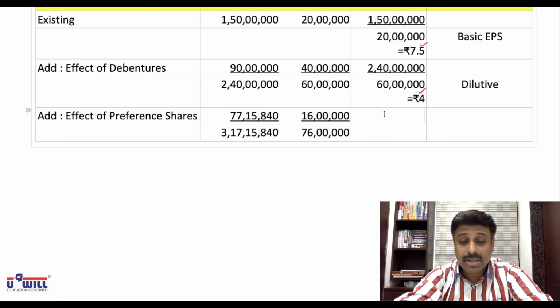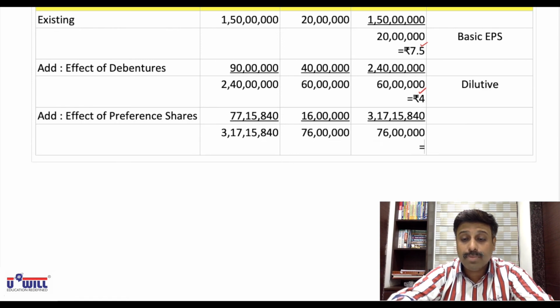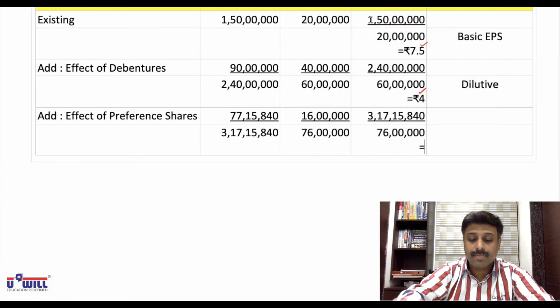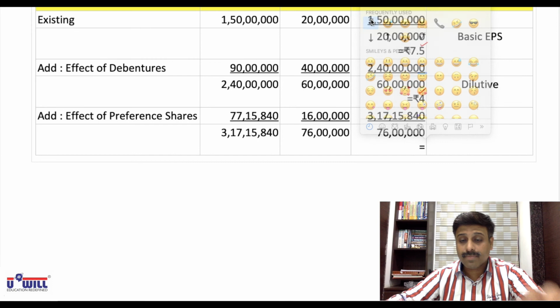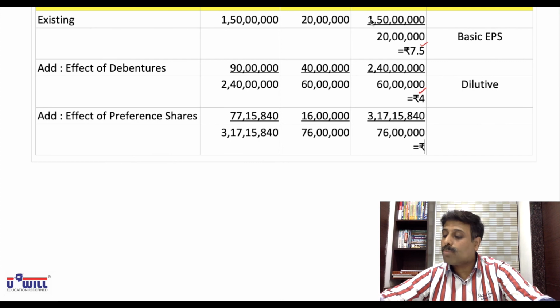So now what would be your EPS? 3 crore 17 lakh 15,840 divided by 76 lakhs. Rupees 4.17.